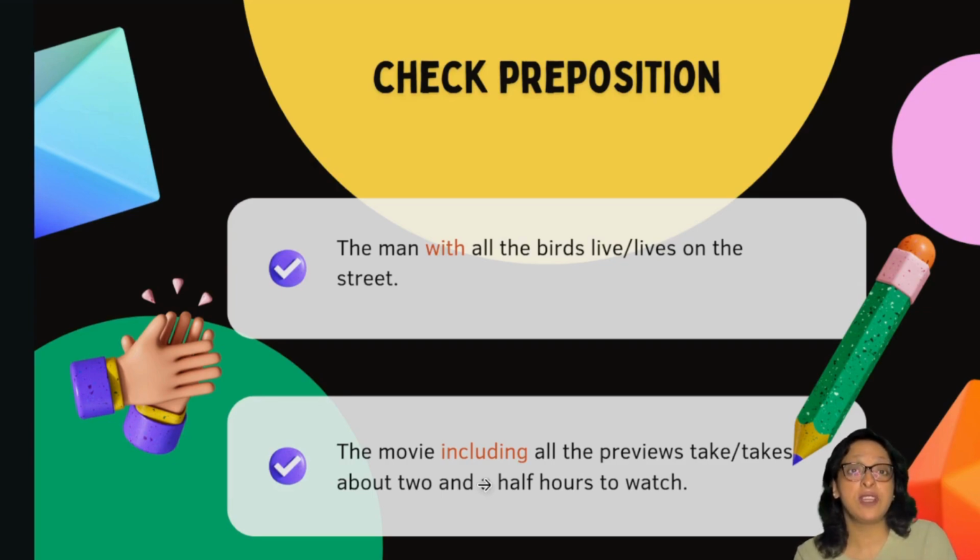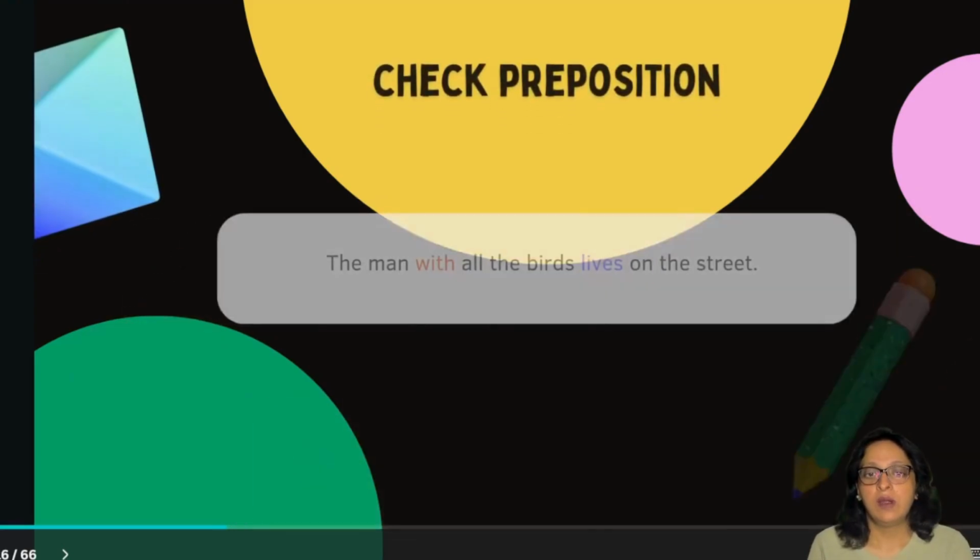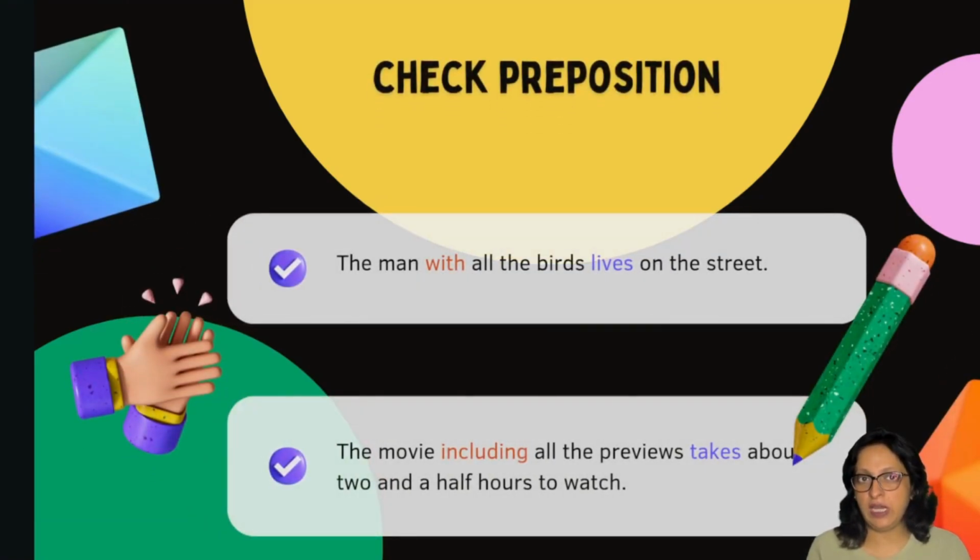So anything after including is extra information, including all the previews. Previews also seems to be a subject, but it is coming after including. So this is extra information. So the main subject will become the movie. Therefore, the sentence will become the movie, including all the previews, takes about 2.5 hours to watch.